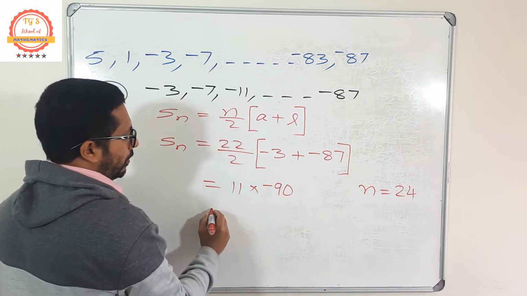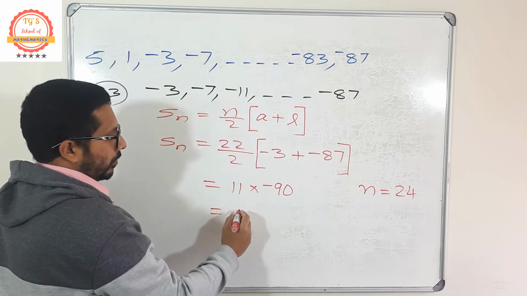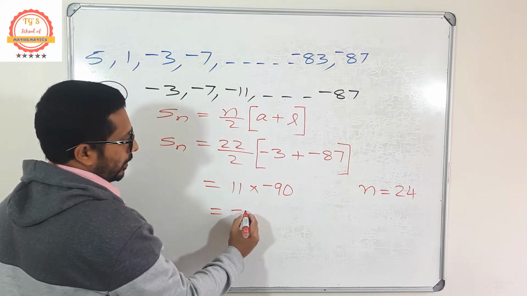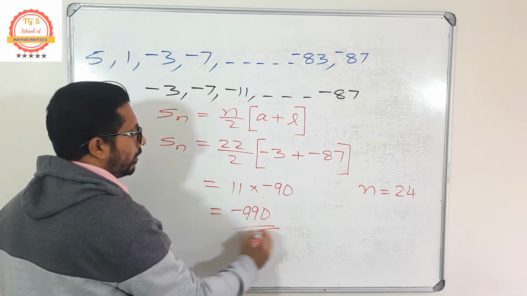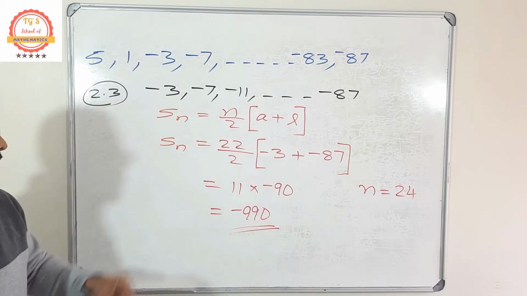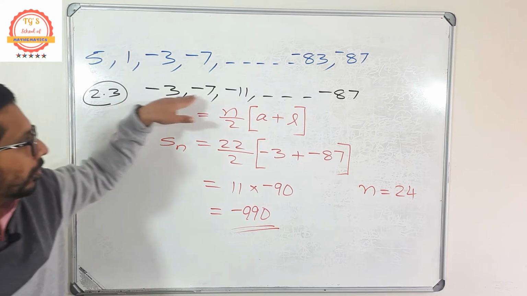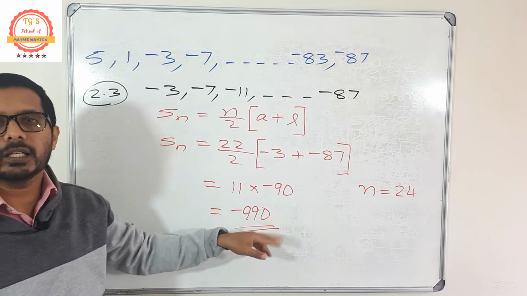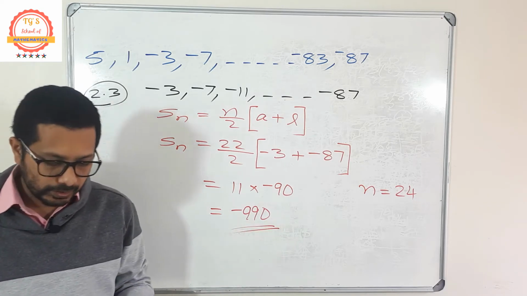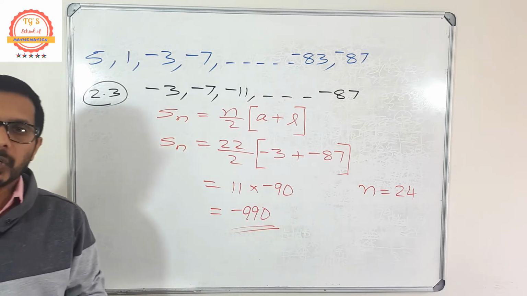So use your calculator. Answer is minus 990. So what is the meaning of that? The sum of all the negative terms in this sequence is minus 990. So that is question number 2.3.